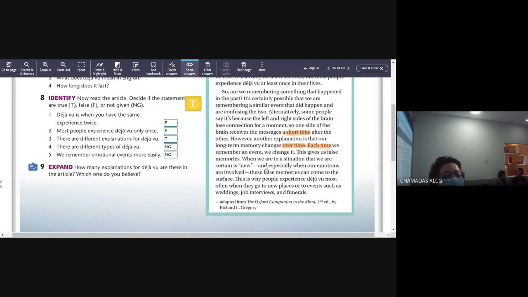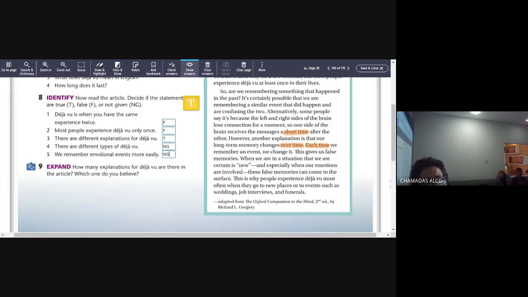This is not what they say. That's why it's not given. They are not saying you can remember the things that happened to you when emotions are involved. No, they're talking about déjà vu here. And déjà vu is usually something that never happened, but comes to your mind. You have the impression of having lived that situation before. Okay?